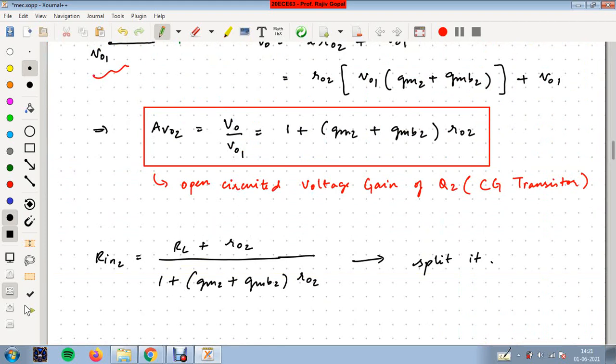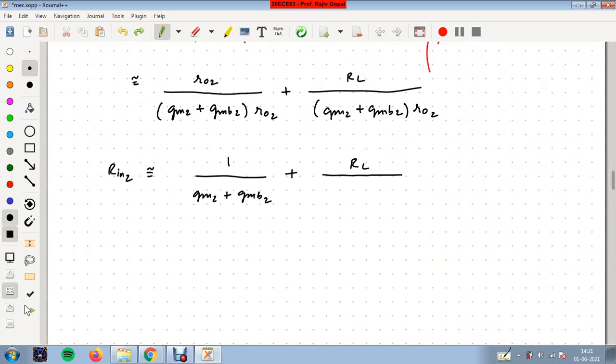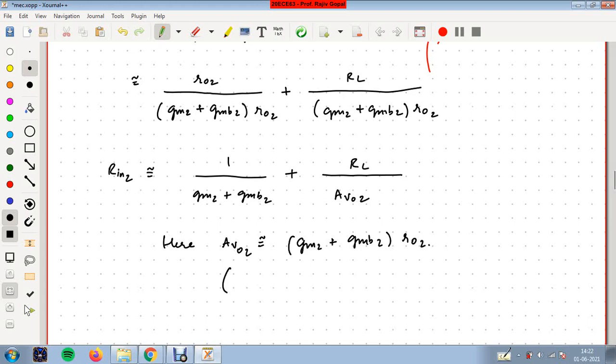So here there's a small thing I want to add. You can also write AV naught 2 as Gm2 plus Gmb2 into R02, again considering Gm2 plus Gmb2 into R02 is greater than 1.